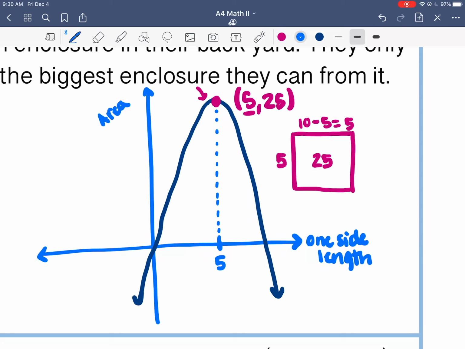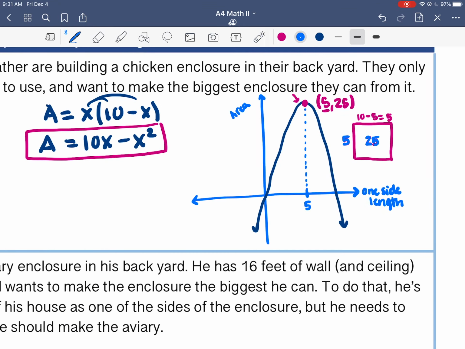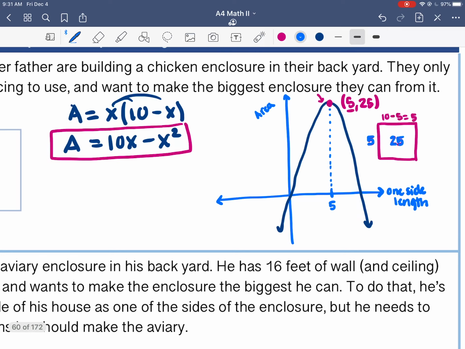See how our input of 5 gave us an output of 25, because the input is one of the side lengths, the output is the area, which is good because we wanted to optimize area. So the optimal dimensions of this enclosure are 5 foot by 5 foot side lengths.